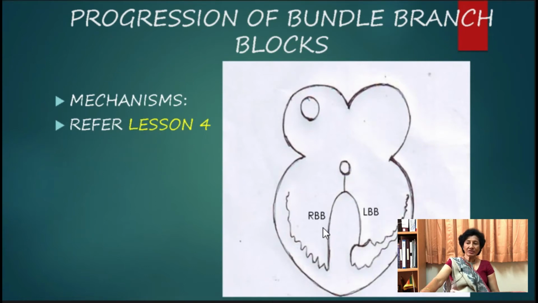So that means two nerve bundles are affected, the right bundle and one of the fascicles of the left bundle. This is called bifascicular block. Two nerve bundles are affected simultaneously.